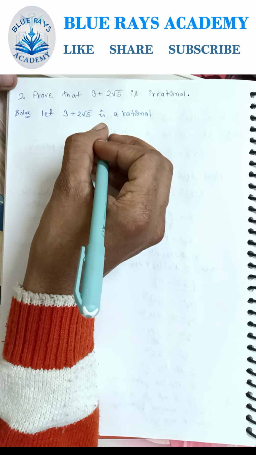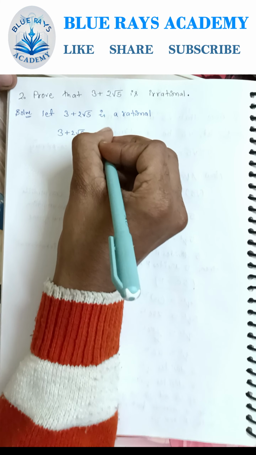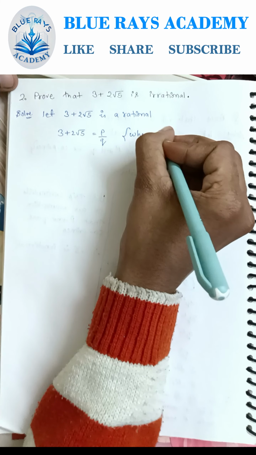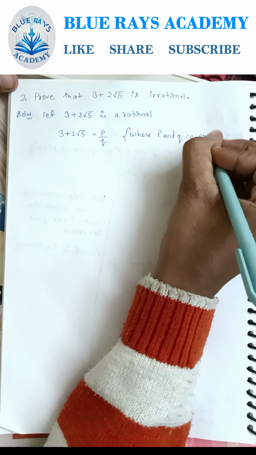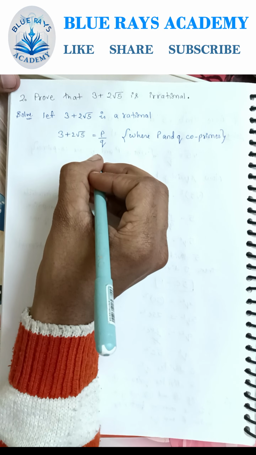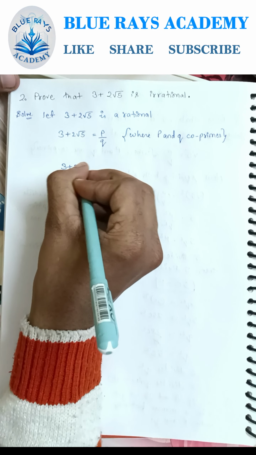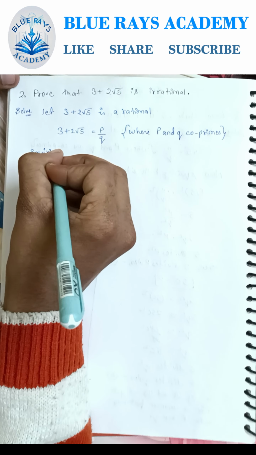So if this is a rational number, then we can write 3 plus 2 root 5 is equal to p by q, where p and q are co-primes. Now we will square both sides. You can write here squaring both sides.